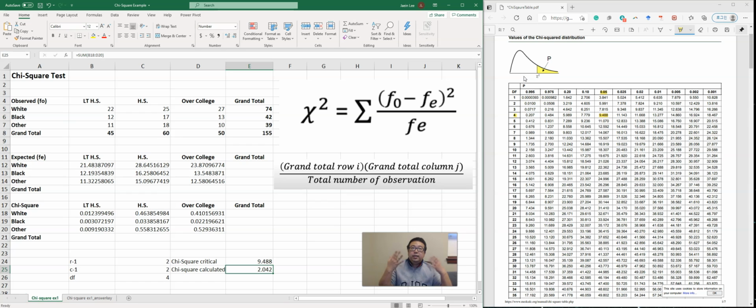So in this result, we would fail to reject the null hypothesis. Fail to reject the null means those two categorical variables are independent, so they are not associated.